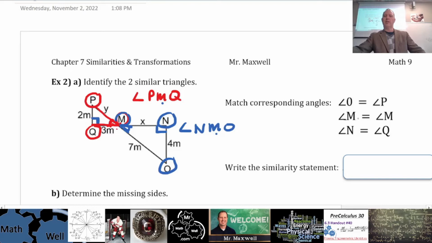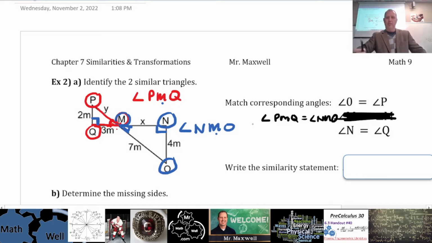So I would write it like this, so let's rewrite that. Angle PMQ, not theta, Q, equals angle NMO.